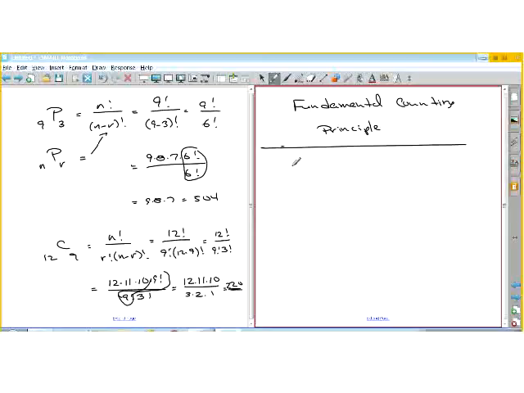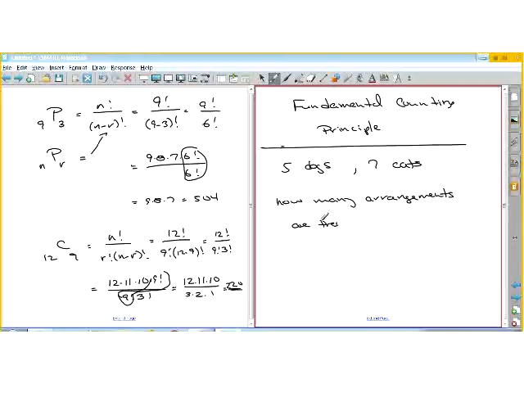You can also get even simpler if you wanted to say, you have 5 dogs and you have 7 cats. How many arrangements are there?